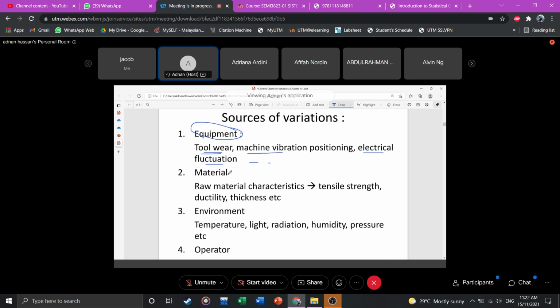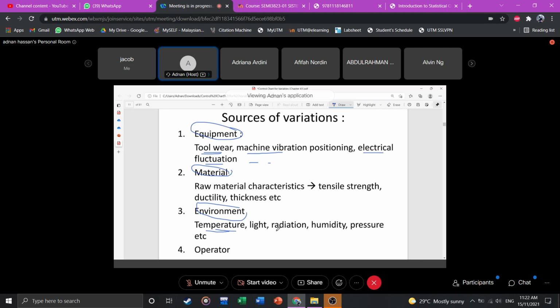Maybe in terms of material, the material is not uniform, the quality of material. Or maybe also environment, temperature. In the morning it is low temperature, at noon time it gets hotter outside, and that will affect the expansion of material.